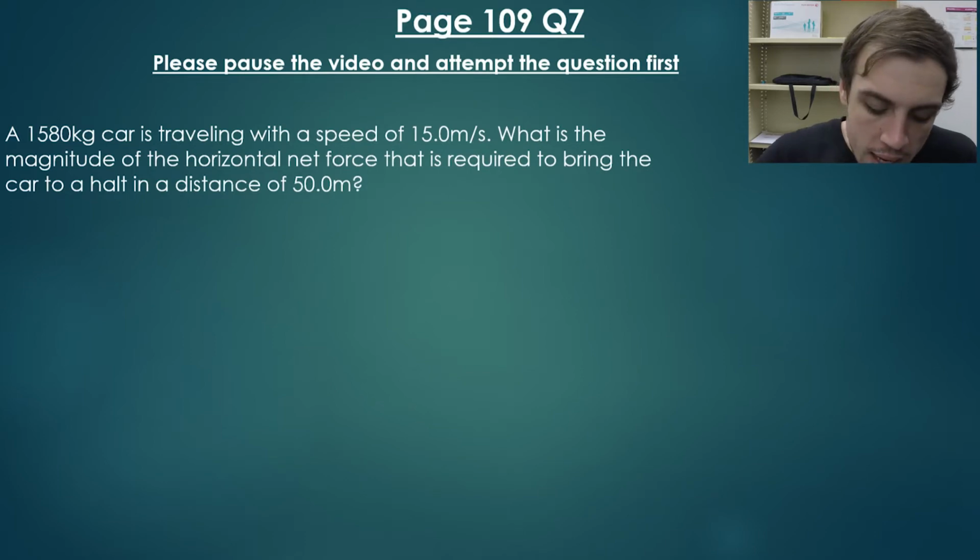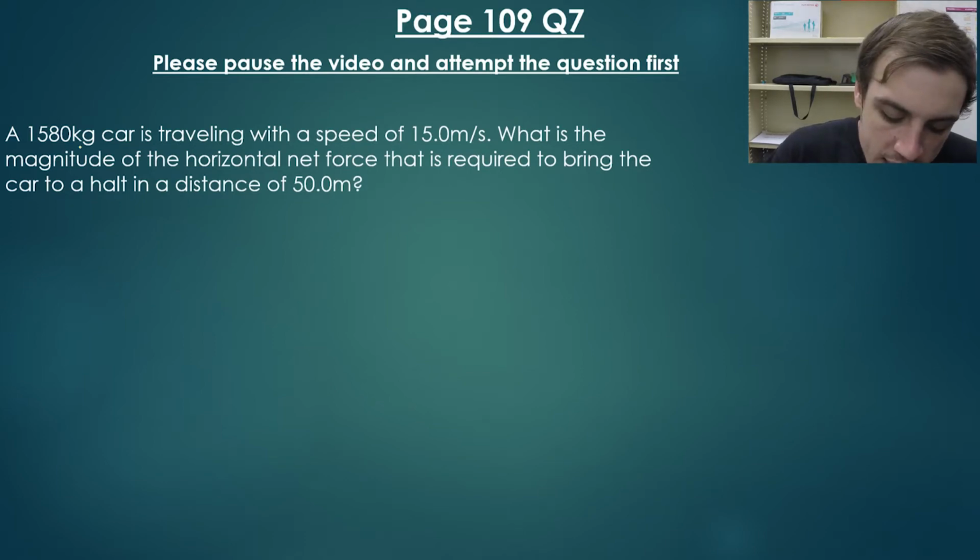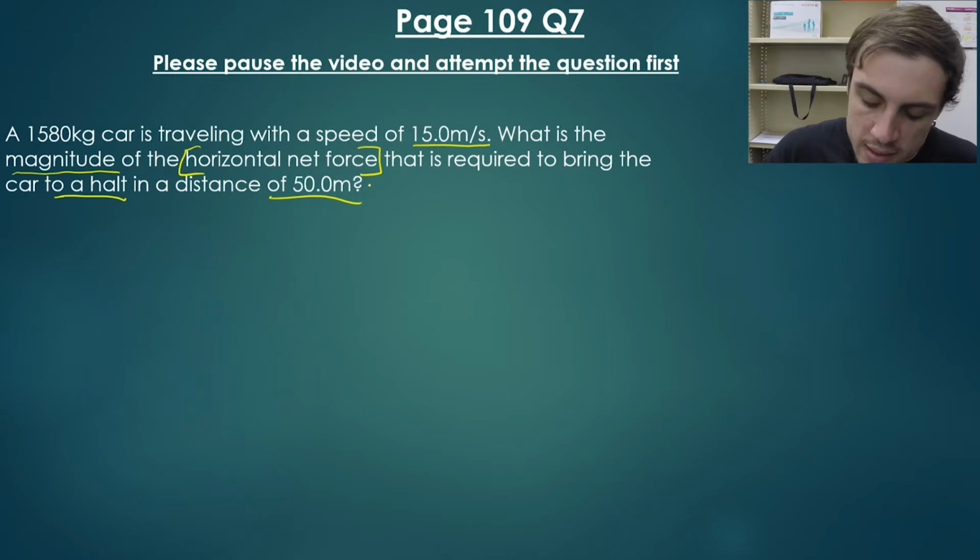So, a 1,580 kilo car is traveling with a speed of 15 meters per second. What is the magnitude of the horizontal net force that is required to bring the car to a halt at a distance of 50 meters?